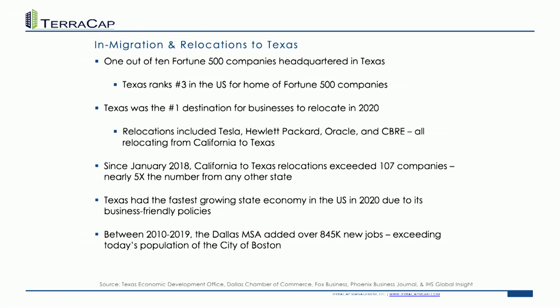Since January of 2018, California had relocations exceeding 107 companies, nearly 5x the number from any other state, meaning California to Texas. So we do a lot of research, as I mentioned. Before we went into Phoenix, Scottsdale a few years ago, every 6 months I'd go out and meet with the head of the Economic Development Council.